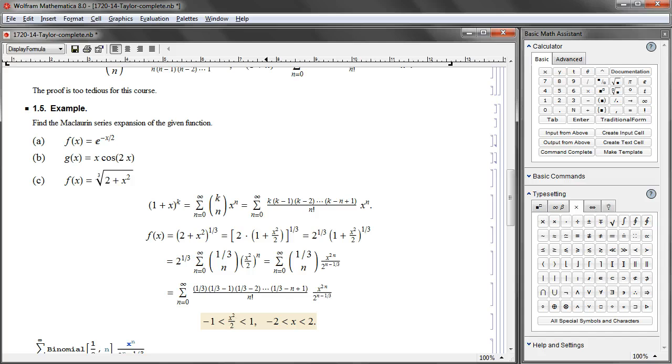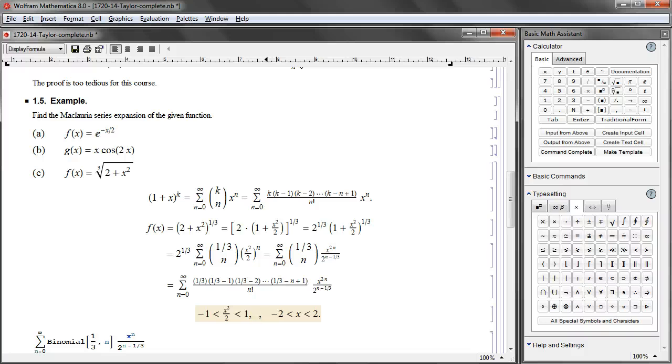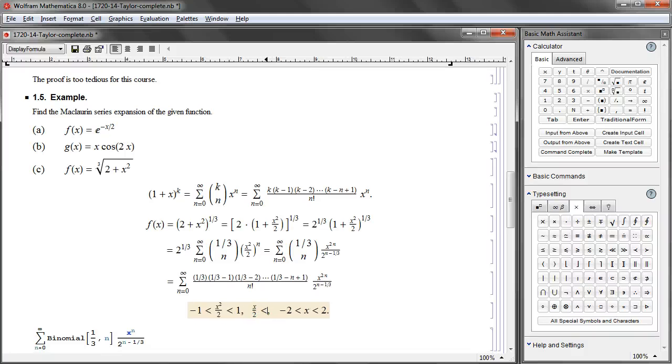In that case, a negative part does not do anything. x squared over 2 is less than 1, so we get x squared is less than 2. Taking the square root of each side, we get negative square root of 2 less than x less than square root of 2. And that's going to be the full solution of this problem.